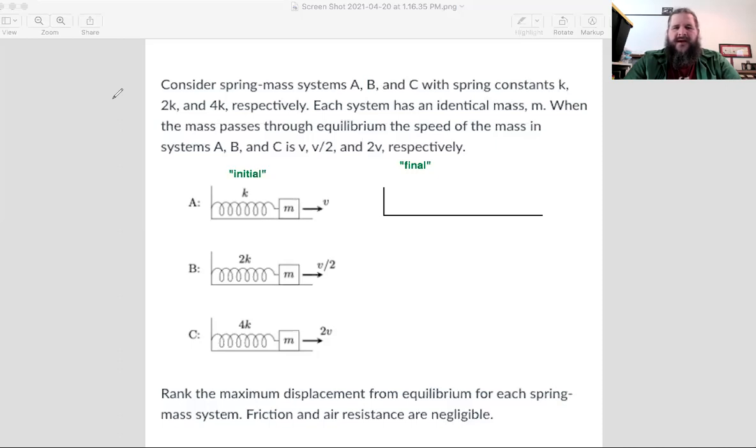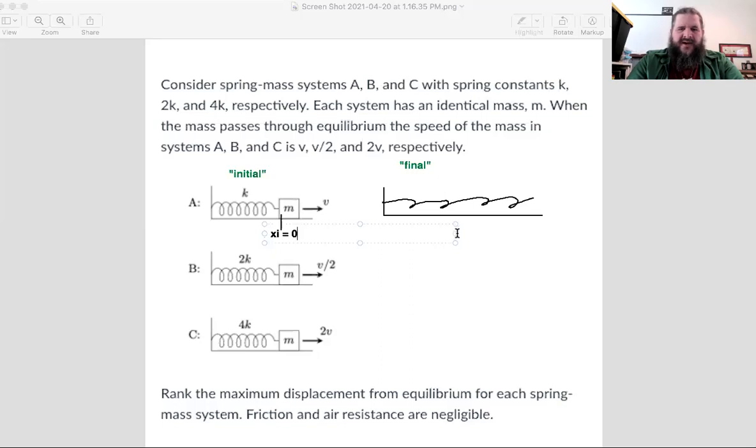We're trying to find the maximum displacement, right? We know something about the initial situation. Maximum displacement is what we're trying to find, so I would call that final. If we wait a little while, the mass is going to be moving and stretching out the spring, so the spring gets stretched out beyond the location we're calling 0, because the initial location is at equilibrium, so I would call that x equals 0.